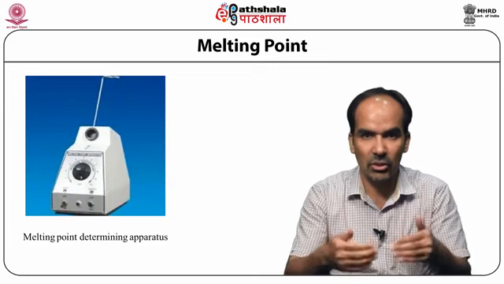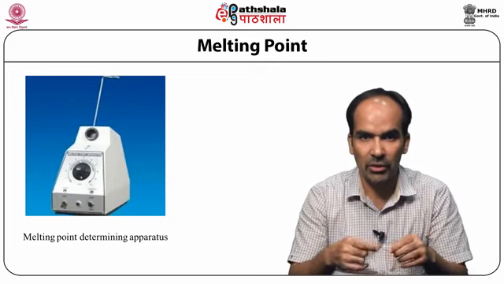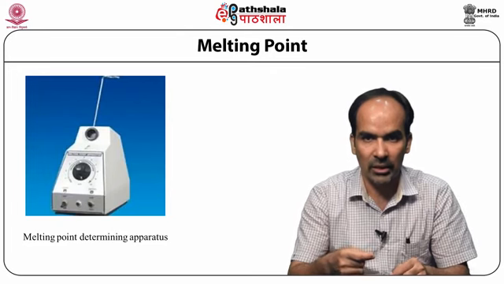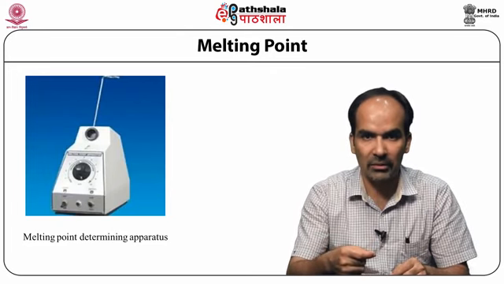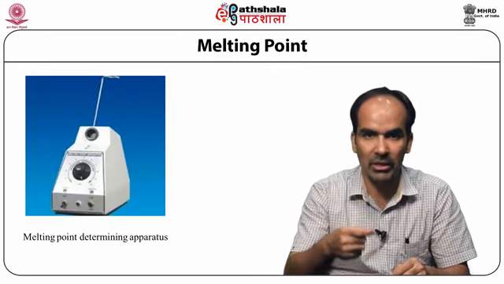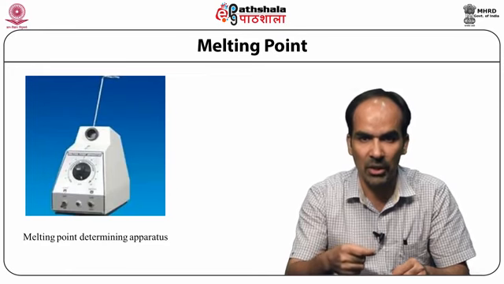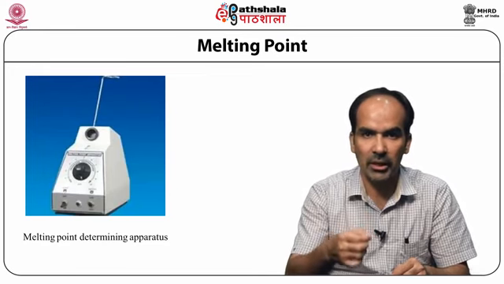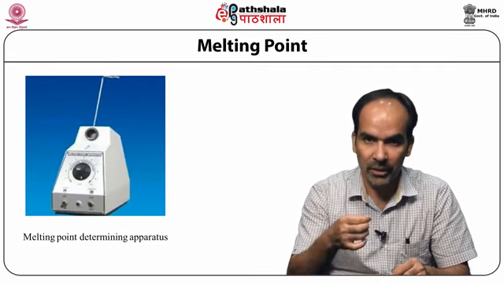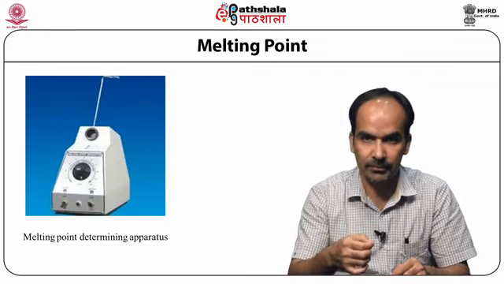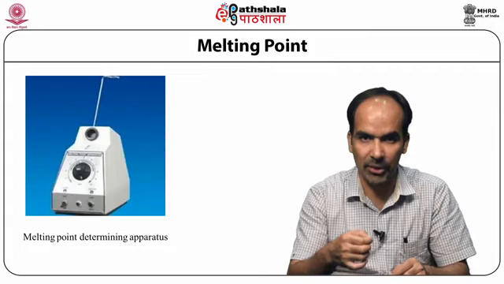It is slowly heated and watched closely, and at the point at which liquefaction of the substance takes place, we record the temperature on the thermometer as the melting point.